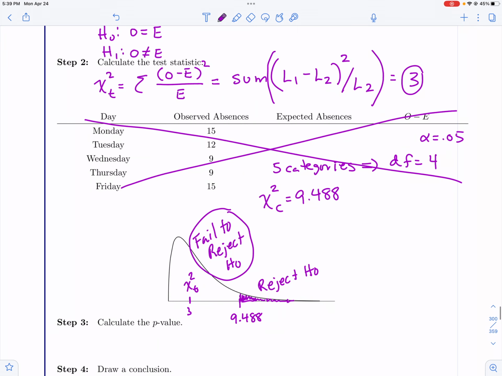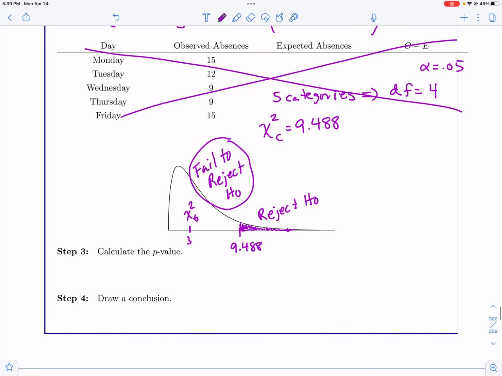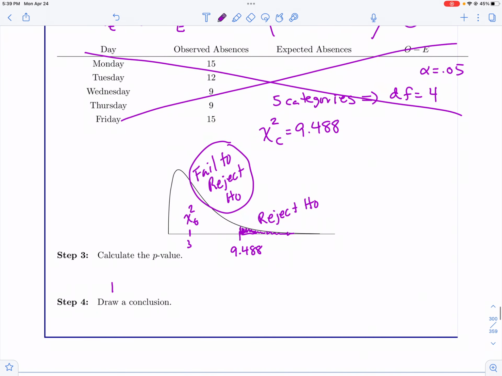So let's check our p-value just to make sure that's actually the case. For this, we're going to get p equals chi-squared CDF. And again, our lower bound of 3, some ridiculously big upper bound, and then again, our degrees of freedom of 4.